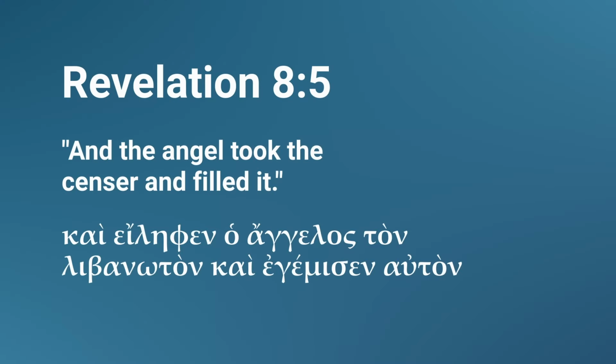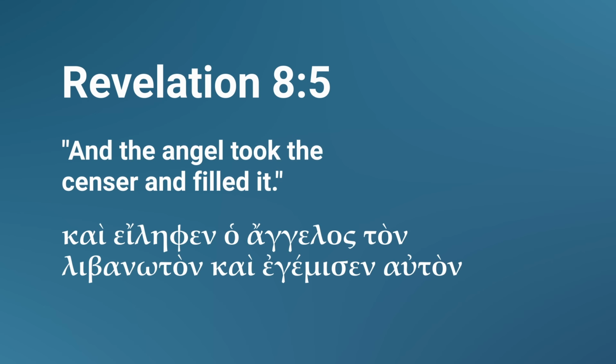Campbell also cites Luke 20:21, which also falls into this category. Revelation 8:5 is an example of what looks more like a perfective interpretation than what we have described as a perfect. It says, "Kai eilephen ho angelos ton libanoton, kai egemisen auton."